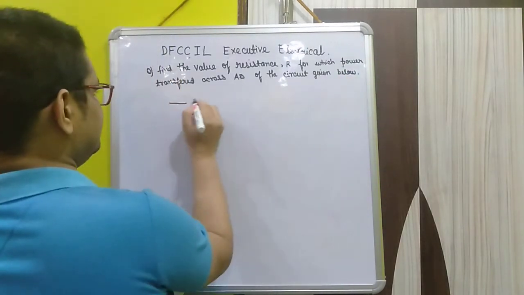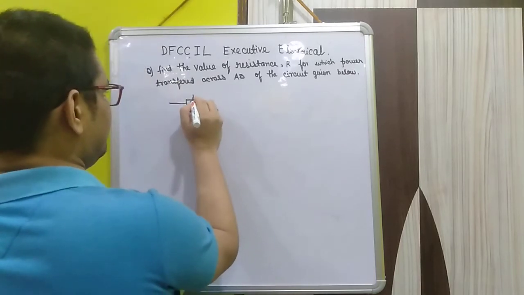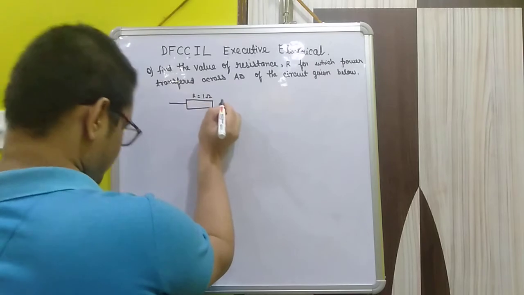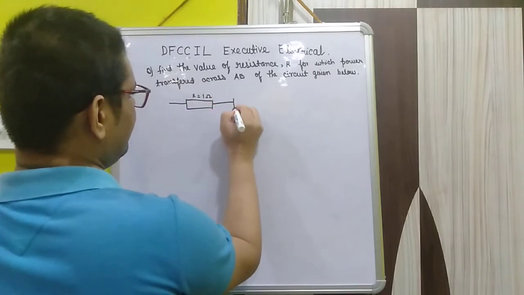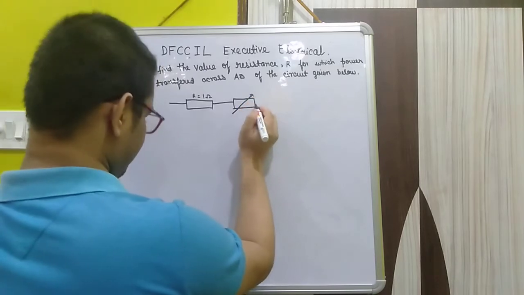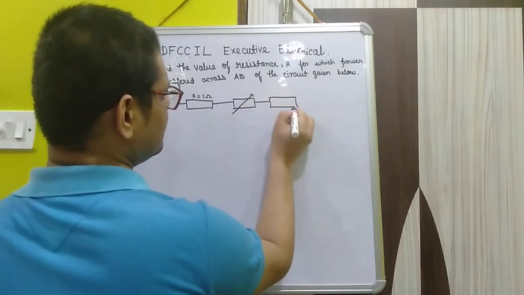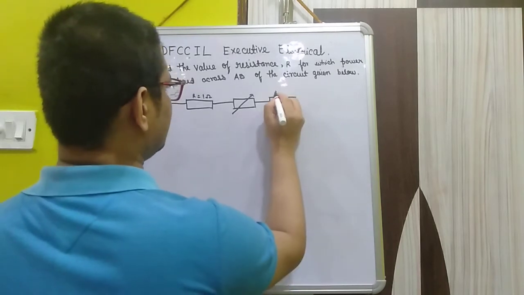There is a resistance with a value of 1 ohm, and there is another variable resistance R, which we have to calculate. There is another resistance in series with the circuit, that is R2.